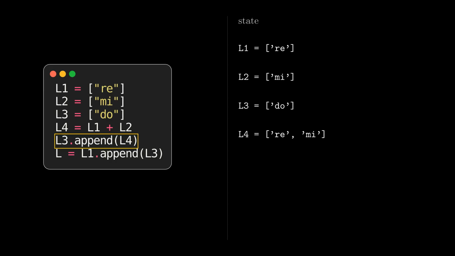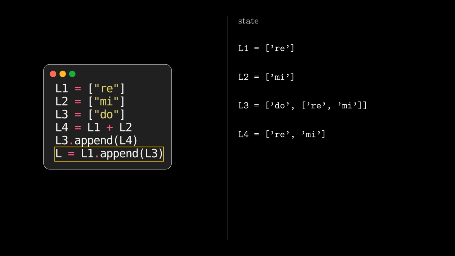The list that changes is L3, the one before the dot. We append a single item, whatever L4 is. Since L4 is the list ["re", "me"], L3 becomes "do", followed by the list ["re", "me"]. That appended item is one element that just happens to be a list. Last line, L is set to L1.append(L3).